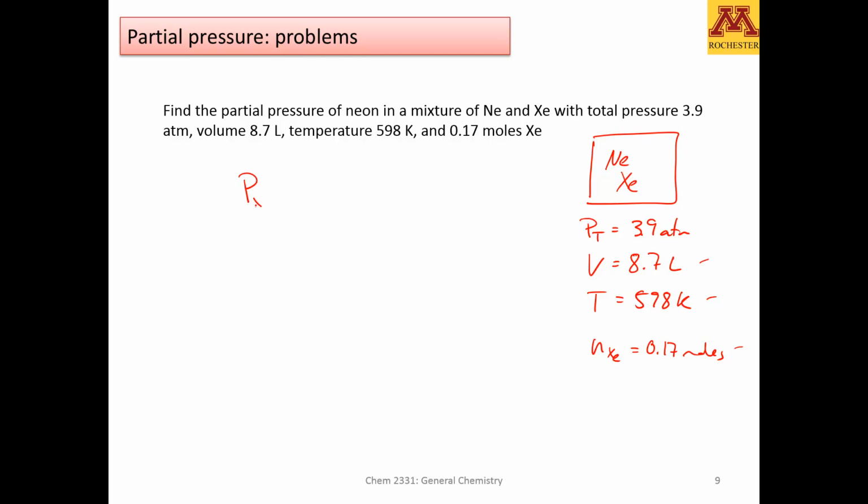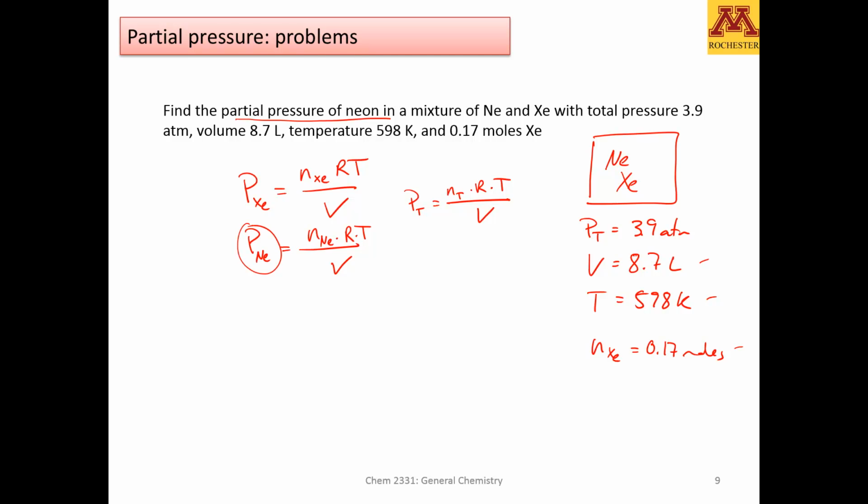So we could write the pressure of xenon is equal to the moles of xenon, RT divided by V, and of course the same can be said for neon, neon RT divided by volume, and the same could be said about the total pressure, the total number of moles RT divided by volume.